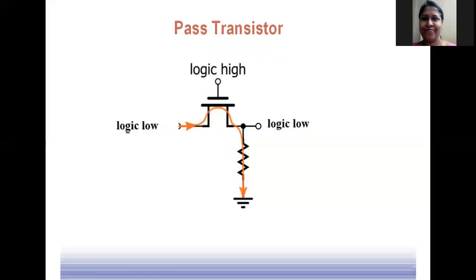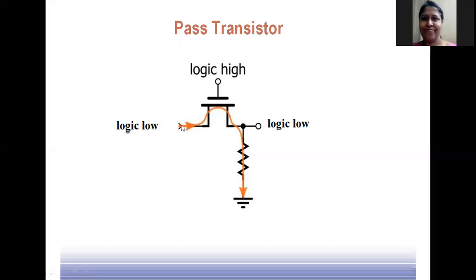The same thing happens when you apply logic low at this end, when this NMOSFET is already turned on by applying logic high to the gate terminal. Even if initially the output terminal has logic low, the gate to source voltage will be greater than the threshold voltage of this NMOSFET, and it turns on.